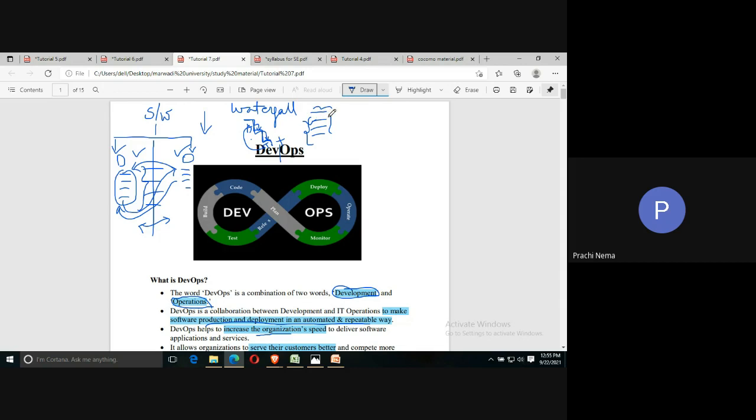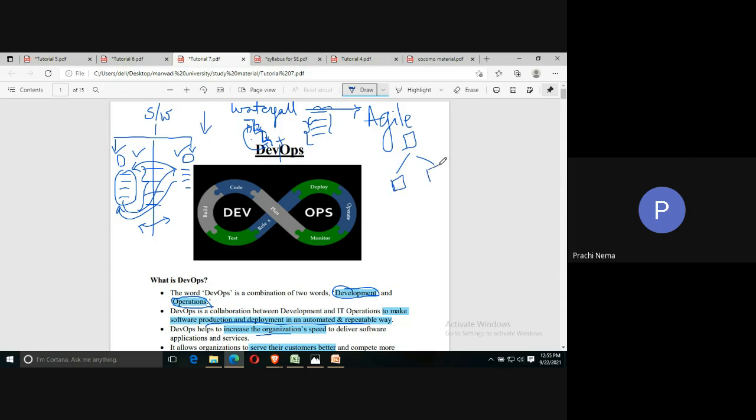So to rectify this drawback of sequential execution, we moved to agile methodology. What is this agile methodology? In agile methodology, we break down the system into components and we work on these components parallelly.